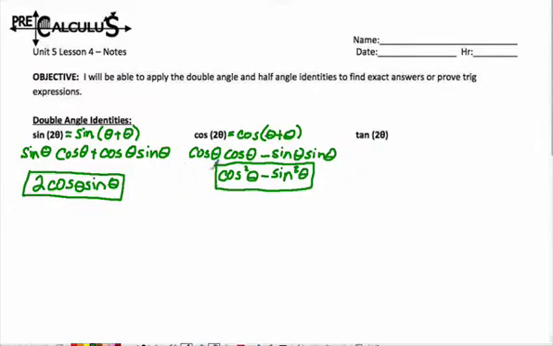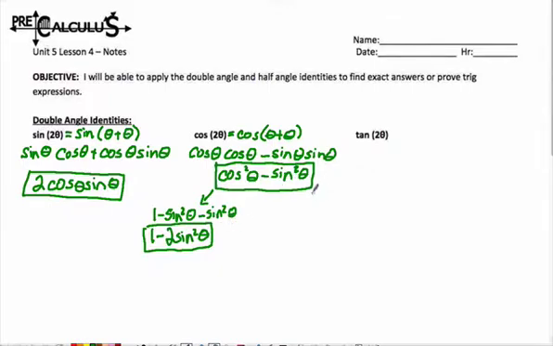All right, so for the cosine double angle one, we're actually going to have 3 options here, because you can see that cosine squared, well, I could replace that with something. I can take cosine squared theta and just plug in 1 minus sine squared theta, and then I can combine my like terms here, and I get 1 minus 2 sine squared theta. Then I can do the same thing over here.